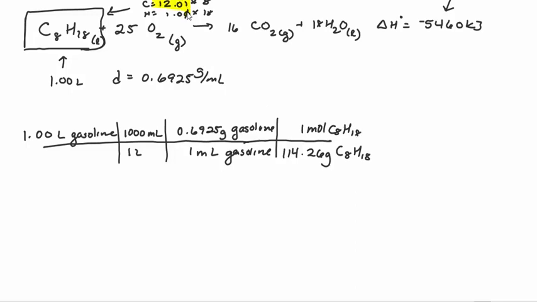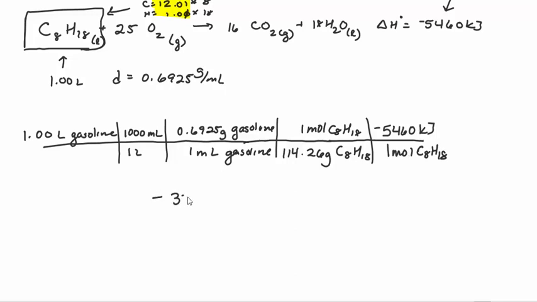Now I can use this value here. So the energy given off, negative 5,460 kilojoules, is for 1 mole of C8H18. So when I perform this arithmetic, and that's multiplying all of the numbers on the top and dividing it by the product of the numbers in the denominator or on the bottom, I get a negative 33,061.74 kilojoules.